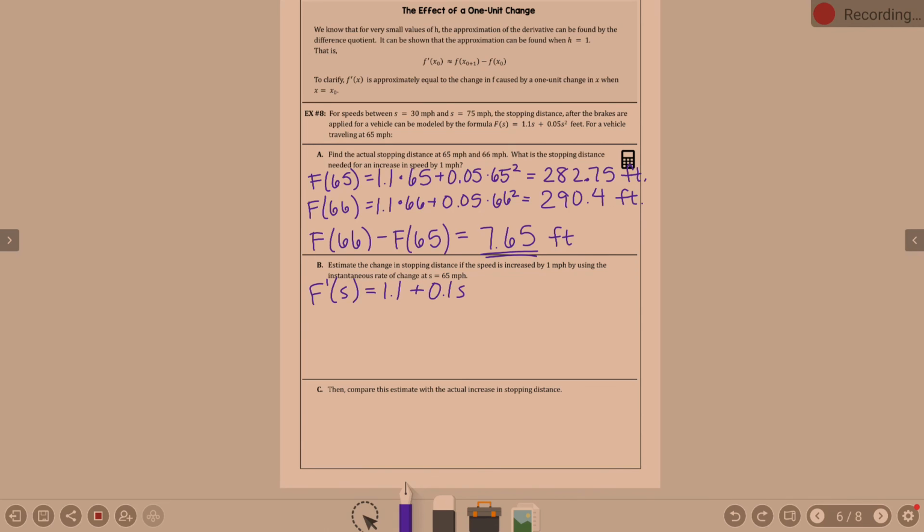So if we're asked to estimate that change in stopping distance at s equals 65, now we're going to find f prime of 65. Whatever 1/10 times 65 is going to be 6.5, plus 1.1 is going to be 7.6. This is stopping distance again, so this time we're going to say feet.